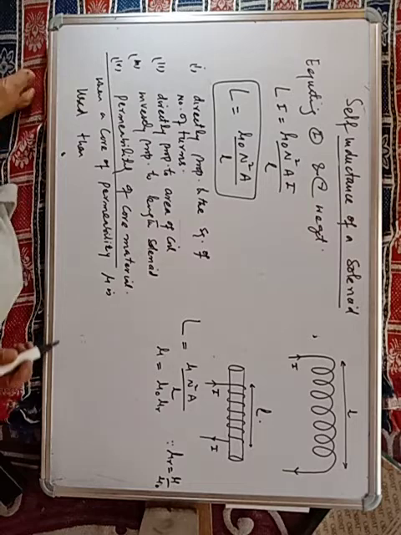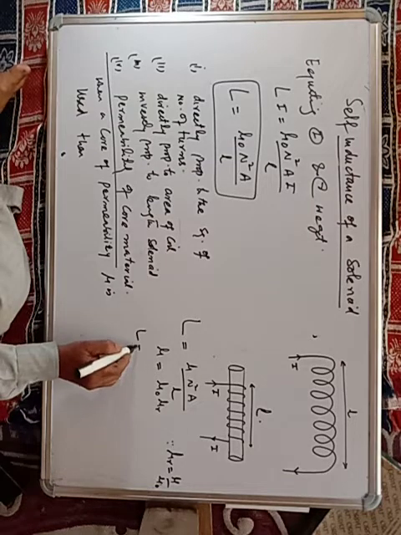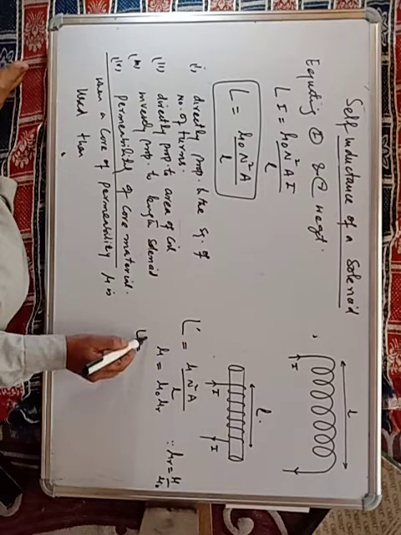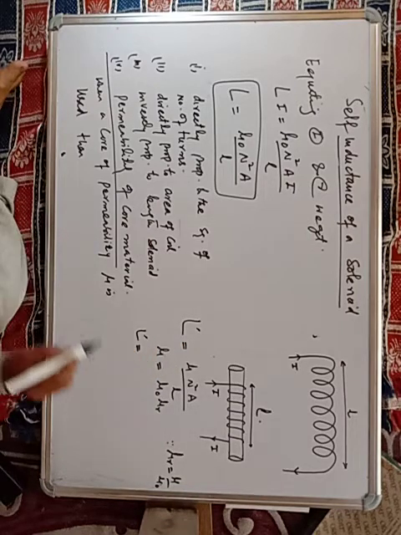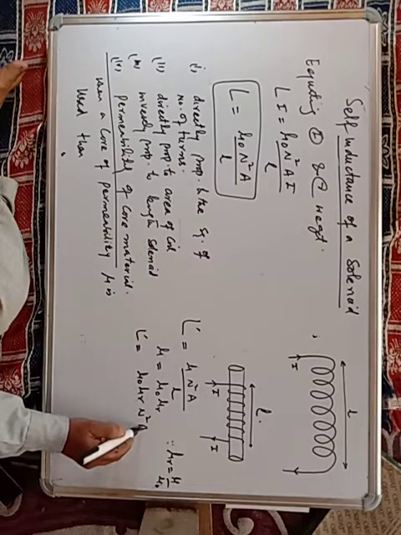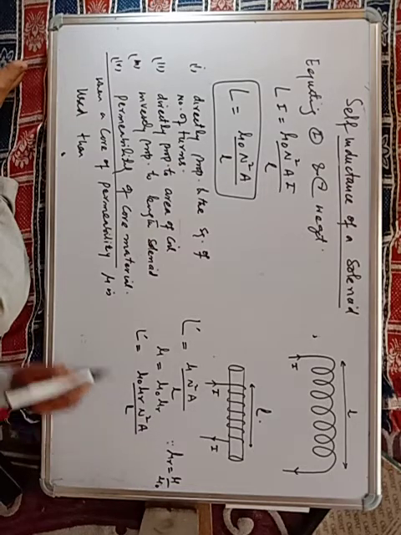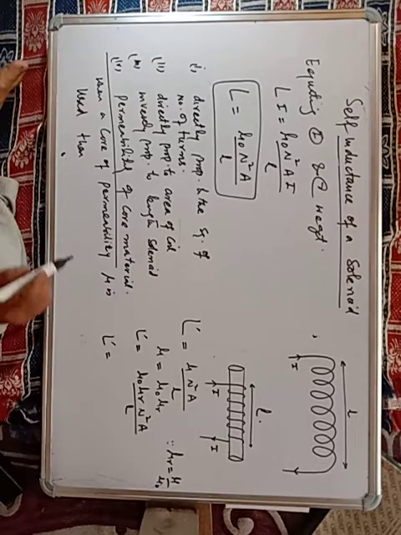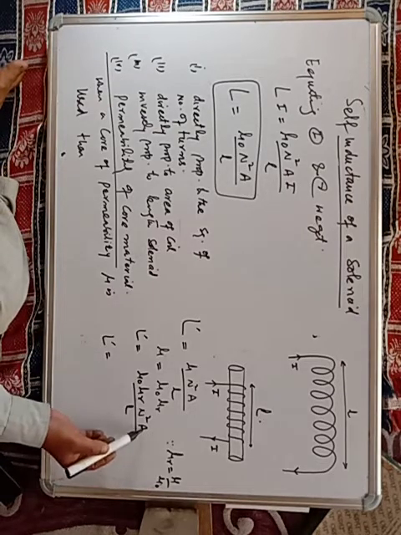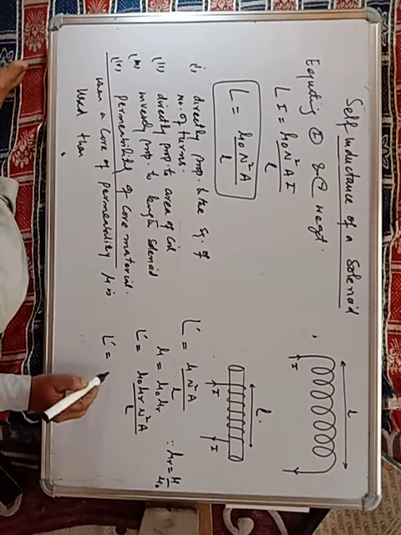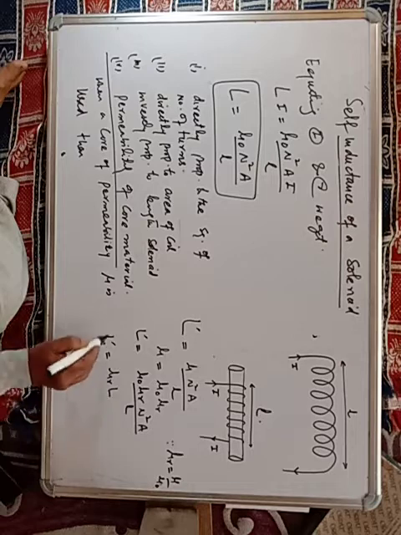So we can write L dash is equal to mu naught mu r n square a divided by L, or L dash is equal to mu naught n square a divided by L, which is capital L, so it is mu r L.